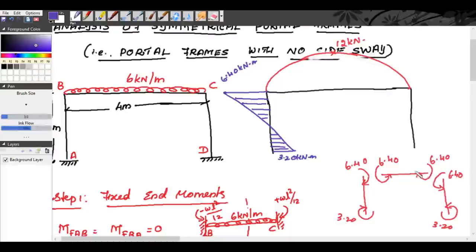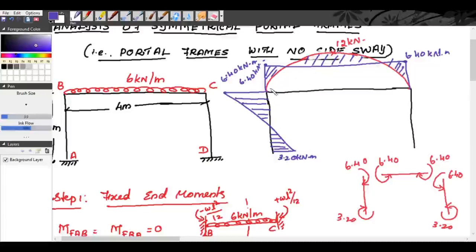Now for the span BC, it is 6.40 anti-clockwise, so pointing upwards, 6.40 kilonewton meter. And at C, 6.40 kilonewton meter pointing upwards. So net bending moment is like this.